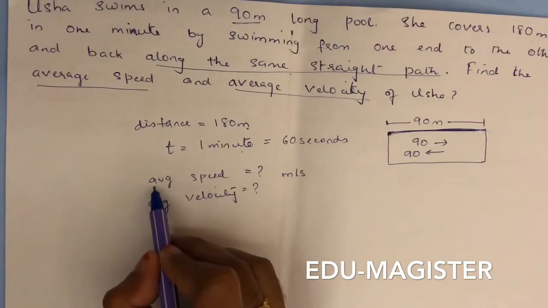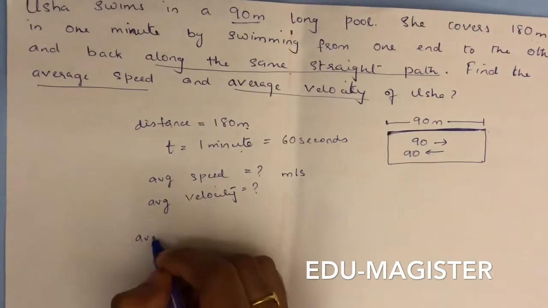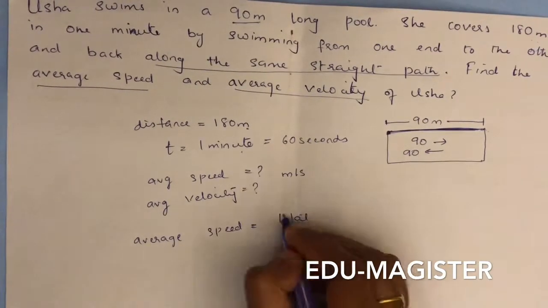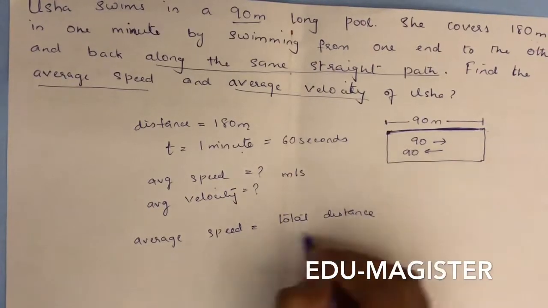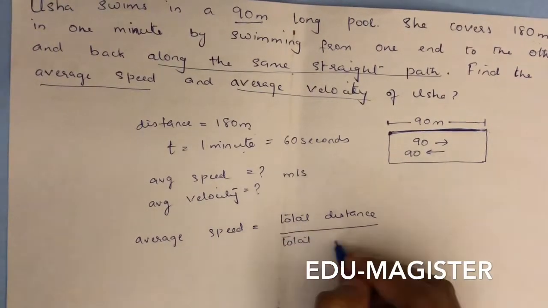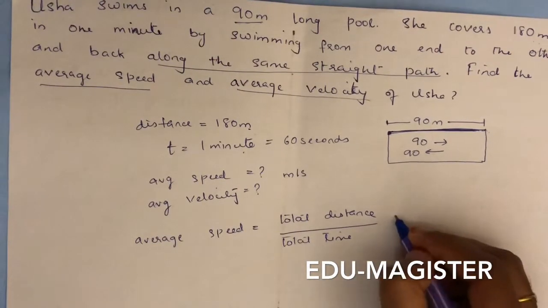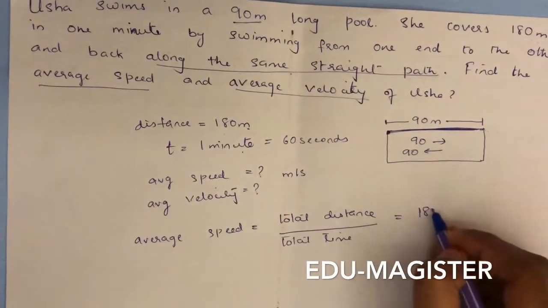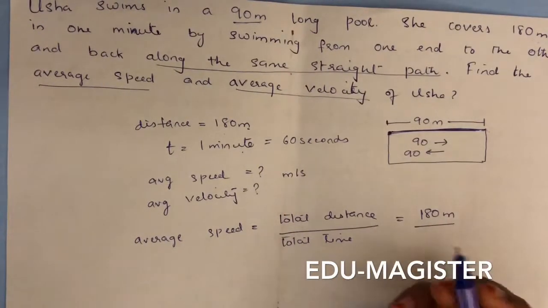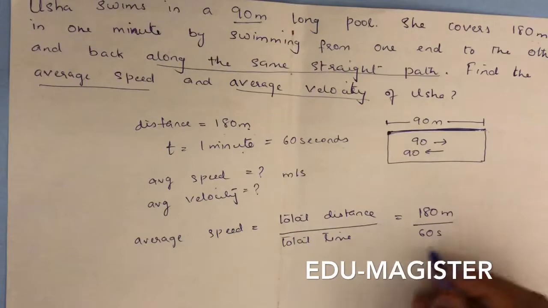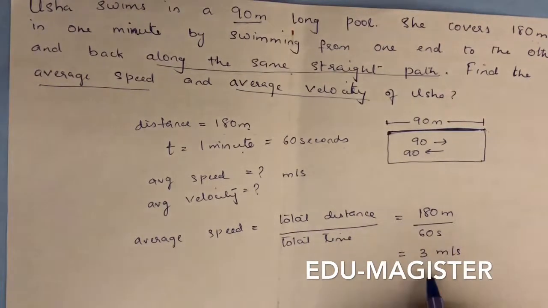We know that the formula for average speed is total distance covered by total time taken to cover the particular distance, right? Here the total distance is 180 meters, and the time taken to cover this 180 meters is 60 seconds. So here the speed will be 3 meters per second, which is the average speed of Usha.